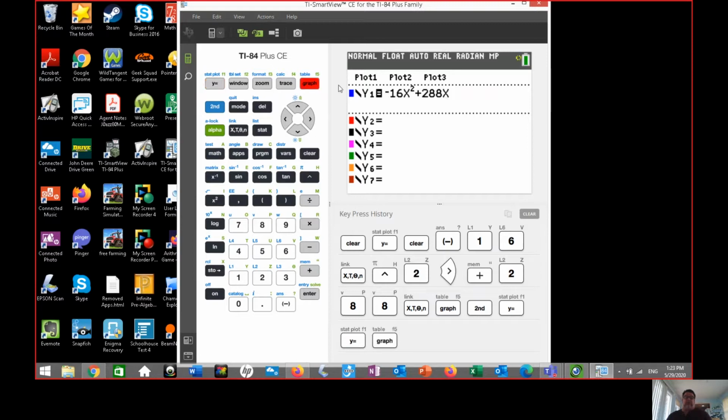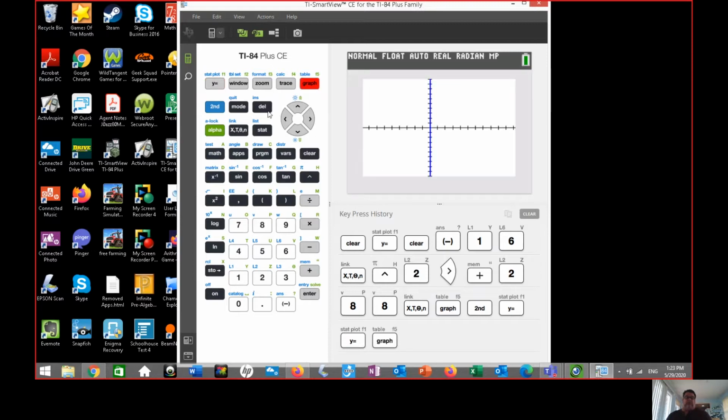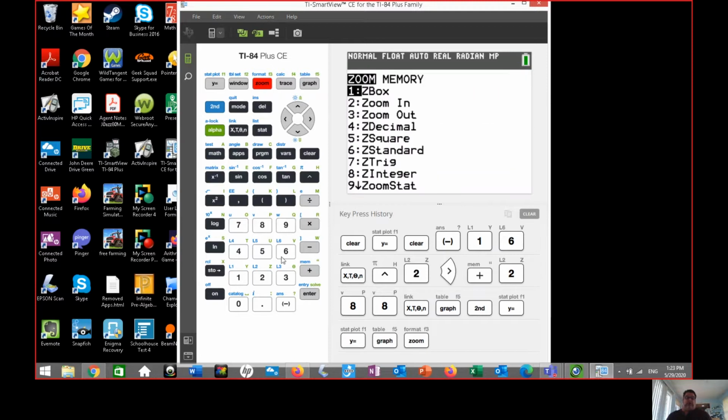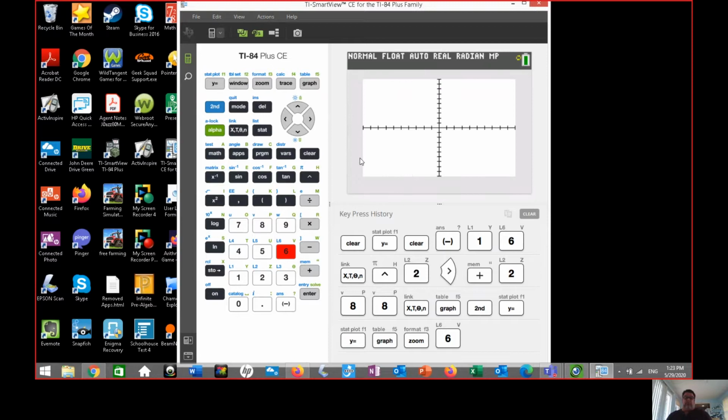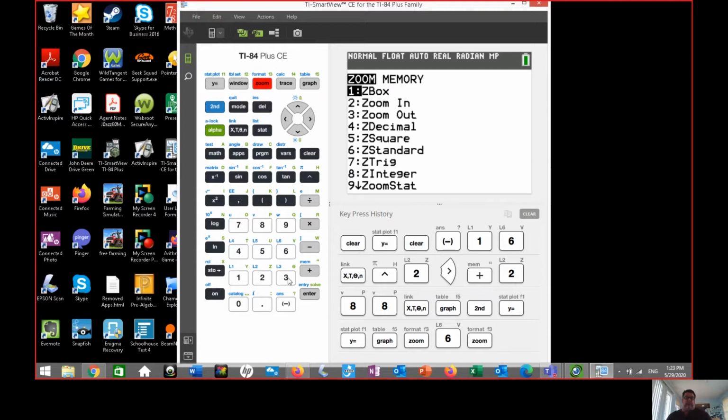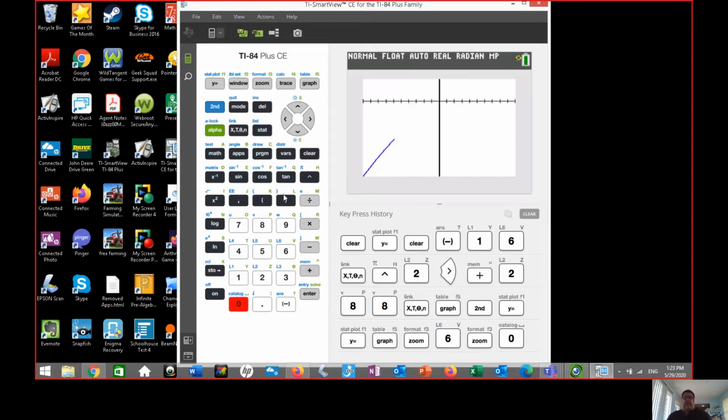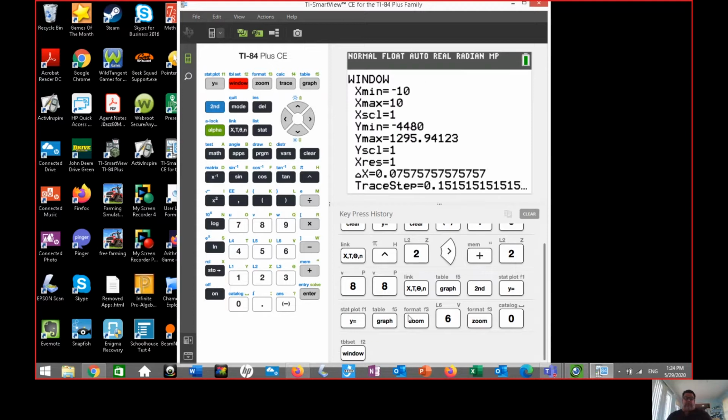Okay. Graph. I'm going to go ahead and hit zoom, standard 6. I've been doing some weird stuff with the zoom fit. Zoom fit would be 0, I believe. There we go. Okay, and I'm going to move it over to the first quadrant. So I'm going to do the window, and make the x-axis minimum -1.